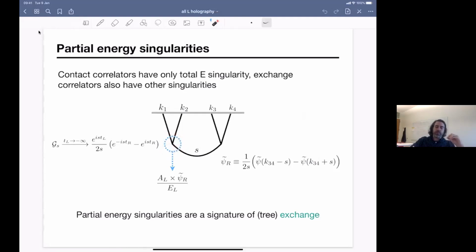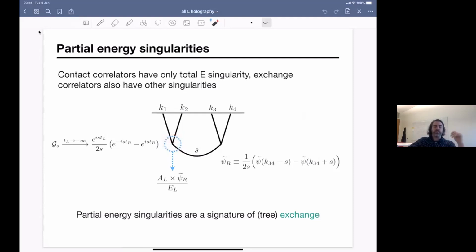But then the other important thing is that just from the structure of the bulk-to-bulk propagator, another way to think about it is that the singularity of the wave function when the left energy adds up to 0 is coming from very early times, where this left vertex is much, much earlier than the other interactions in the process.